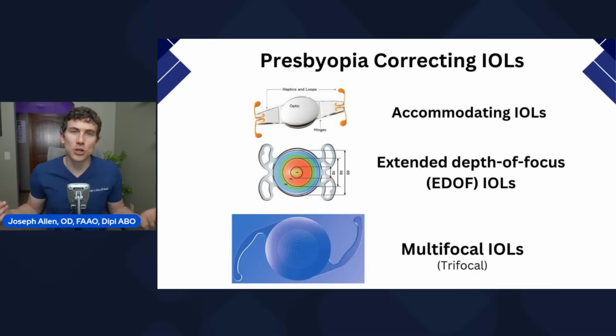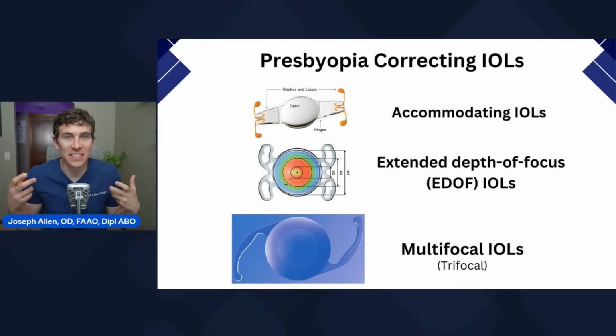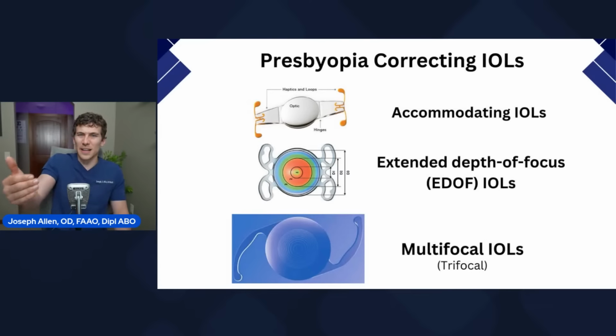If you've never heard of the term presbyopia before, a lot of people do experience this. Once you're over about the age of 40, everybody's lens begins to stiffen and become rigid inside the eye, and you can't really use your eye muscles the way you did when you were 20. And so your eyes start to fatigue when trying to read up close, seeing your phone or a book, and you feel like you need to push things further and further away.